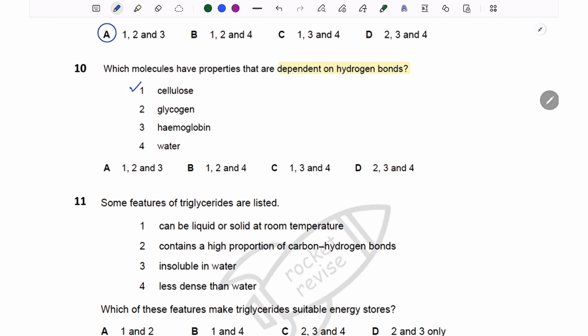Cellulose definitely, because it has hydrogen bonds formed between adjacent beta glucose chains, and this provides the structural support that it needs. Structural support in the plant cell wall.